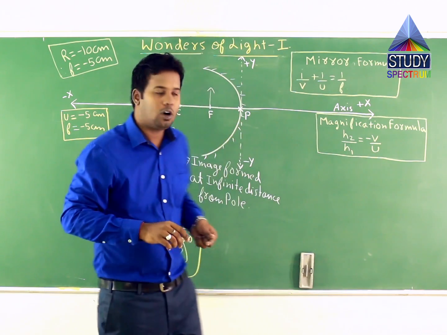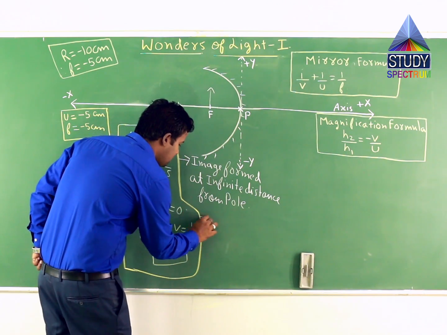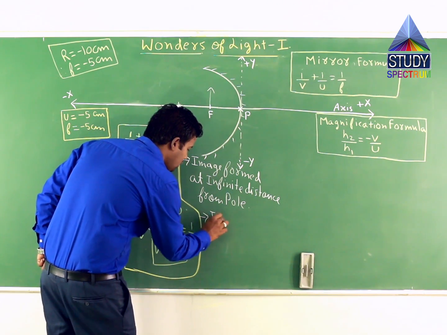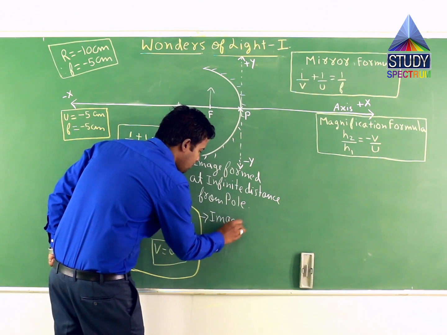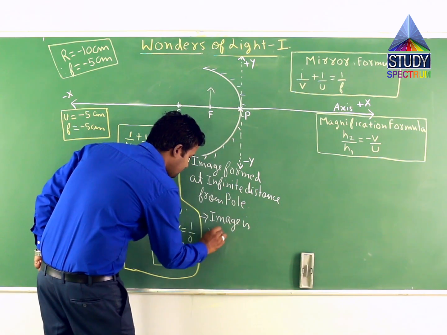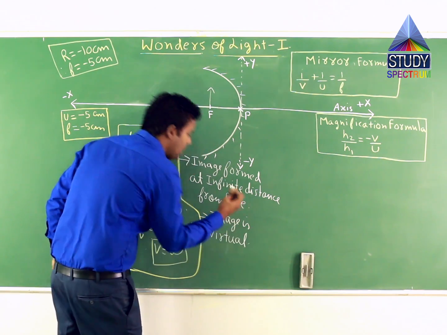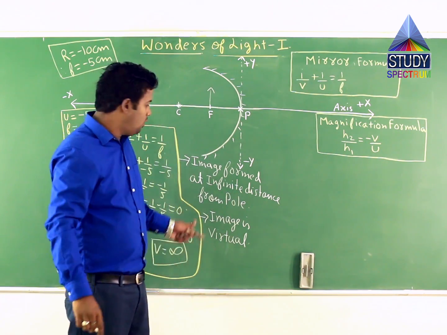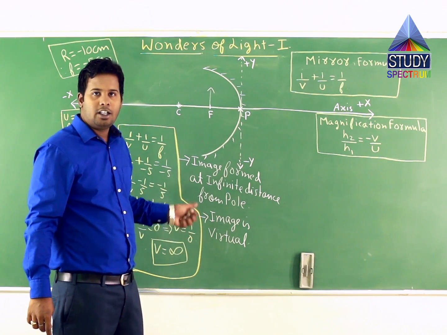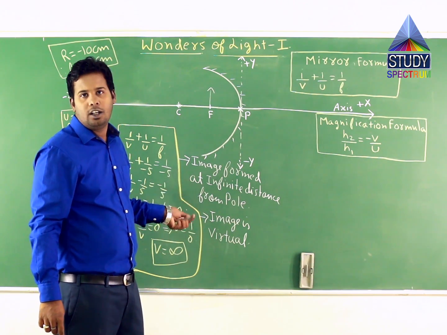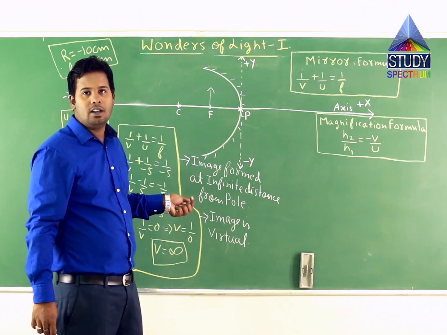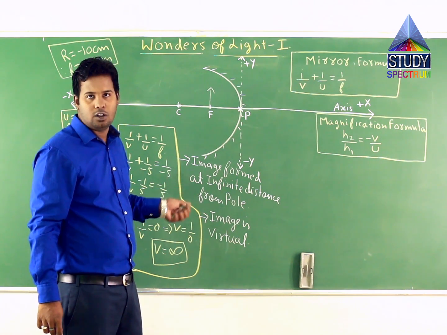So the second result we can write here is that the image is virtual. Correct? So we have found the two results, that is, the position of the image and whether the image is real or virtual. In this case, the image is coming out to be virtual.